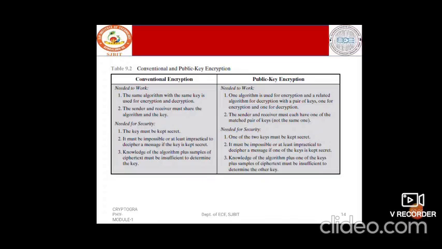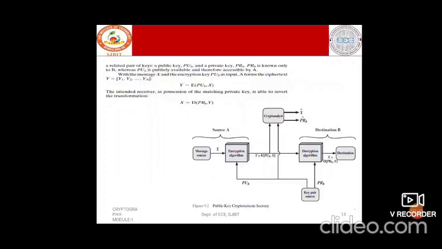Now, taking a closer look at the essential elements of a public key encryption scheme, there is some source A that produces a message. Here we have a block diagram, and we can see some source A that produces a message in plain text X, consisting of X1, X2 till Xm. There are m elements of X. These are letters in some finite alphabet.